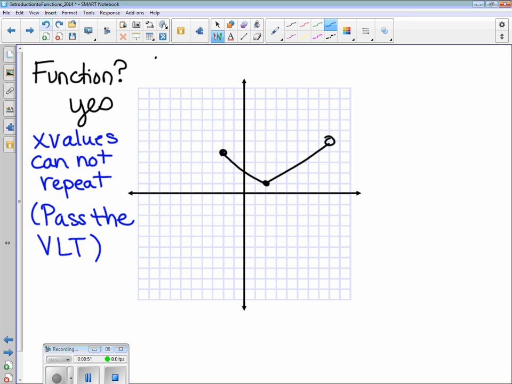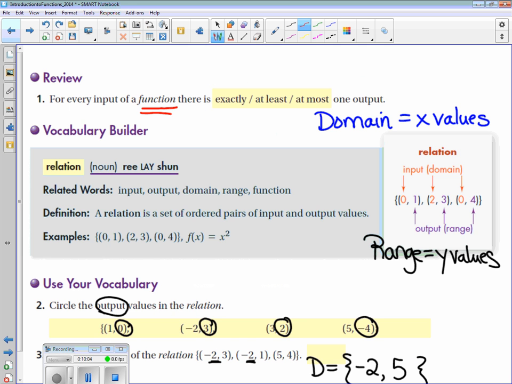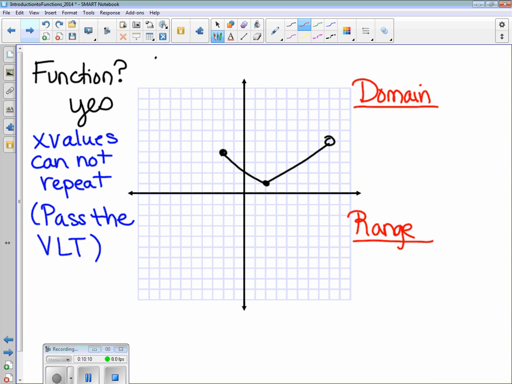All right, let's go back. What's domain and what's range? I don't have a list of points this time, so I'm not going to list them like I did back here, where I just wrote -2, 5. This time I have a pretty graph. I need to find the domain and the range.